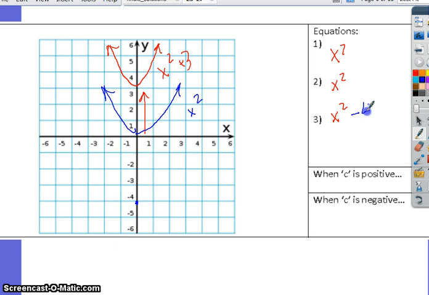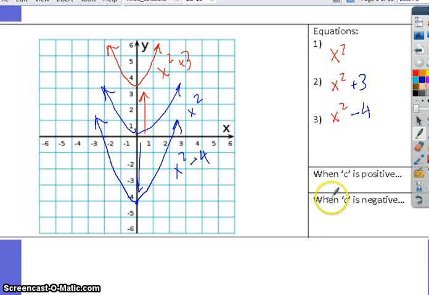Well, that would be x squared minus 4. Oh, sorry, I made the parabola negative. It never did. That would have been negative x squared to make it a frowny face. I had a happy face parabola, so this is still a happy face parabola because I didn't change that term. To go up 3, I had to add 3, and to move it down 4, I had to subtract 4.